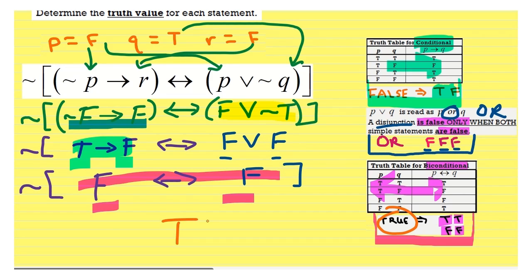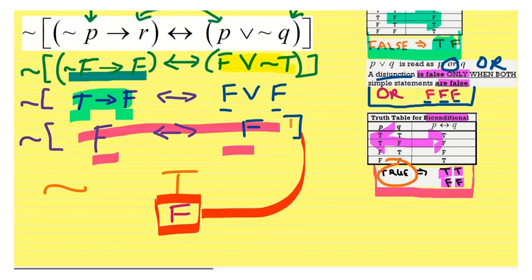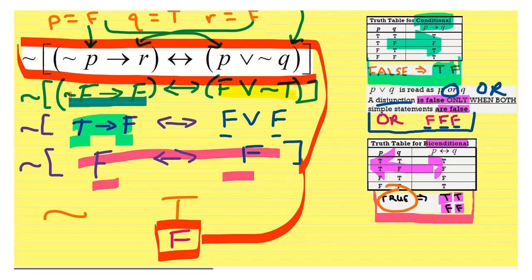But I still have my not out here. So what is not true is going to be false. So my final truth statement is going to be false. And that is the truth statement for the original statement right here that we started out with. So false is the correct answer.